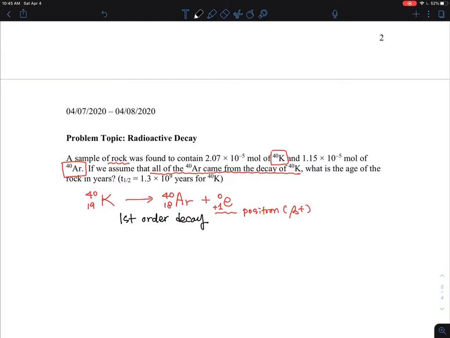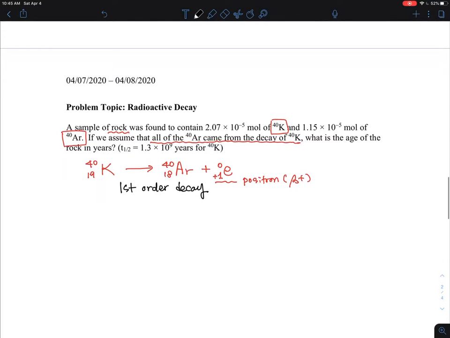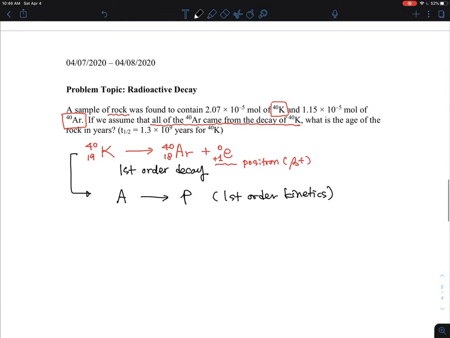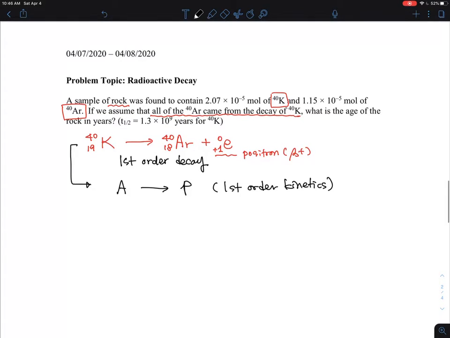decay. And I am going to write this equation in a more simplified version. A goes to the product, and I would say first order kinetics. This is the one that we already discussed before, and we talked about half-life. You remember the half-life that you can find in the reference table for first order kinetics.